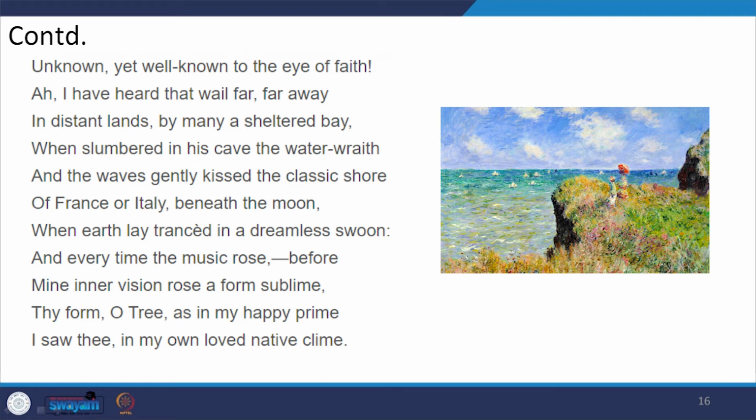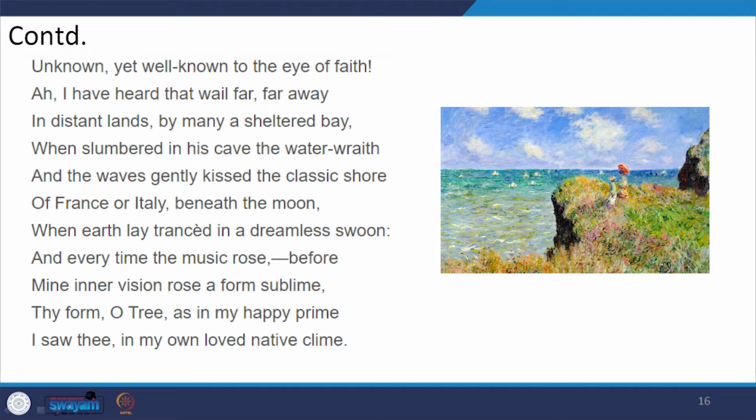So trying to blend both the Indian landscape and then also France and Italy, when earth lay tranced in dreamless swoon, and every time the music rose, before mine inner vision rose a form sublime. Thy form, O tree, as in my happy prime, this prime refers to her childhood, I saw thee in my own loved native clime.